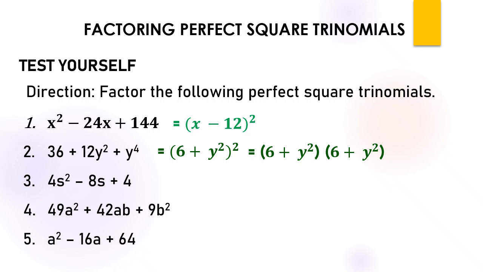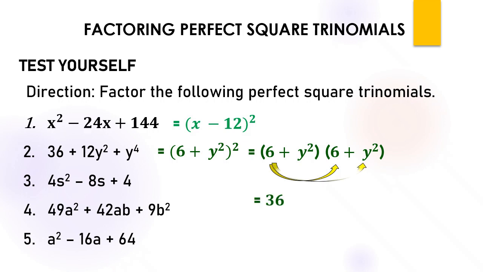So 6 plus y squared times 6 plus y squared. And to multiply these two binomials, we're going to use the FOIL technique. So again, let us multiply the first terms, 6 times 6, it will give us 36.